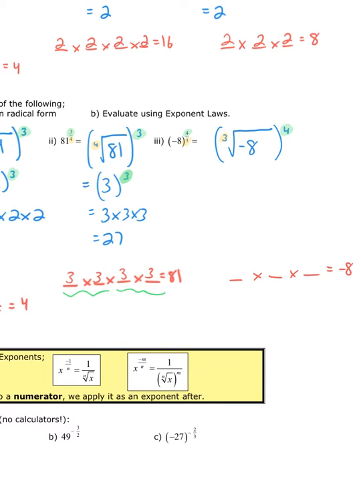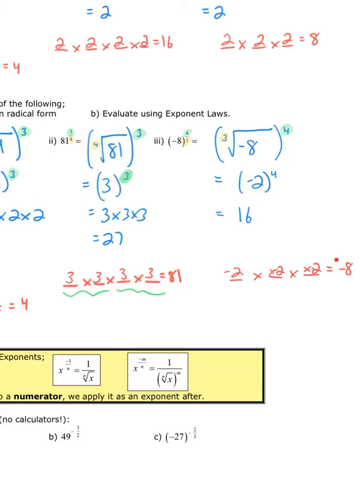Now we need to find a number that when we multiply it by itself 3 times, I get negative 8. It must be a negative. So negative 2 times negative 2 is positive 4, times negative 2 is negative 8. So the cube root of negative 8 is negative 2, to the exponent 4, which is 16.